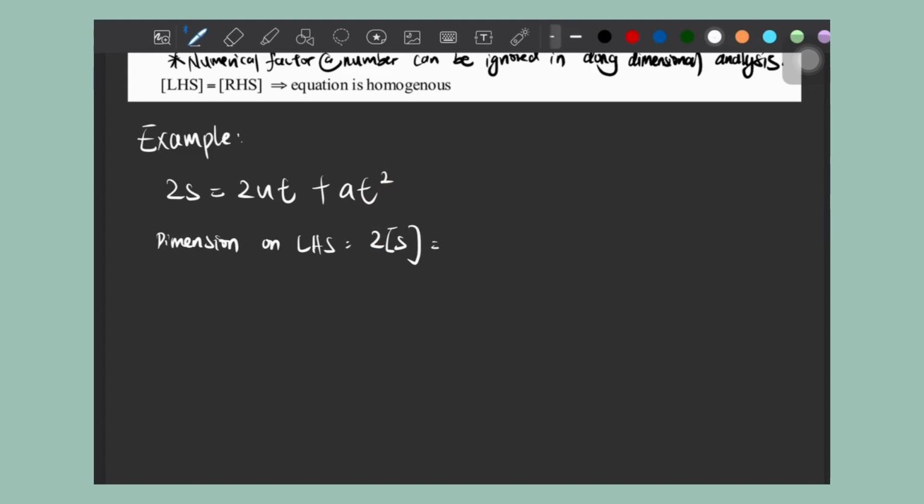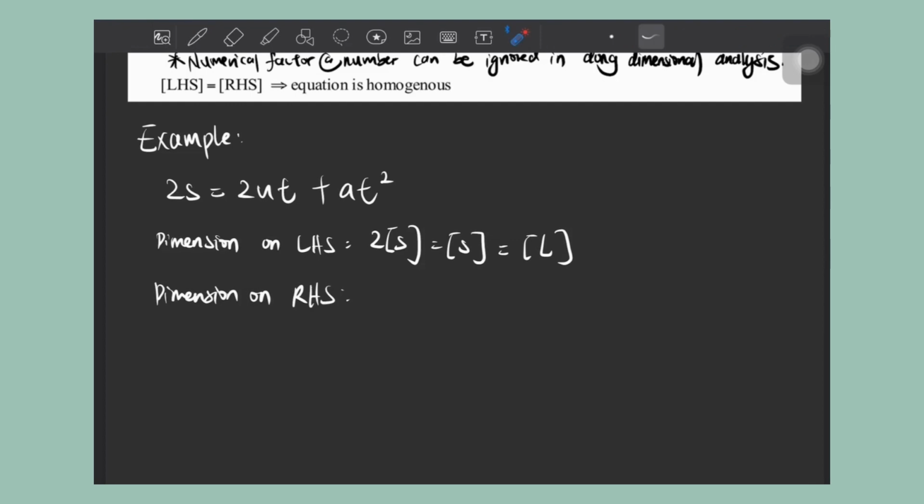So it will be [s] only, so the dimension will be L. Now the dimension on the right hand side.